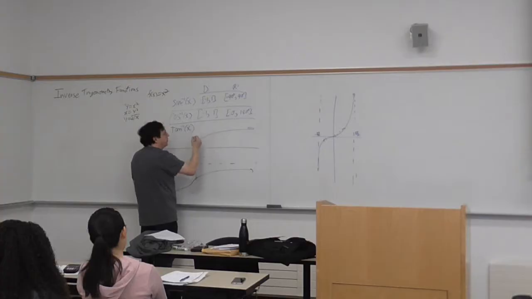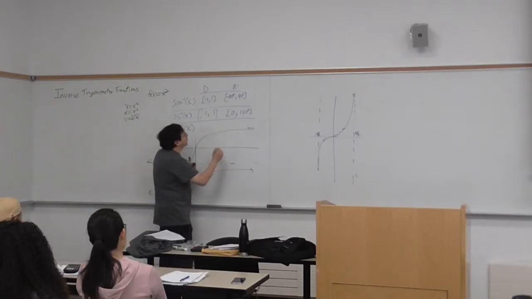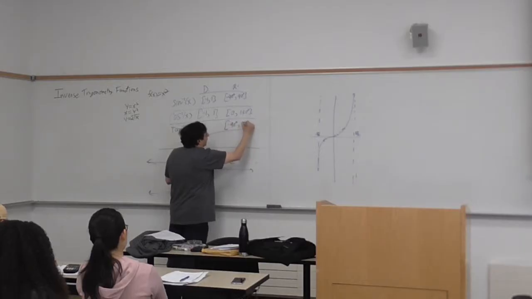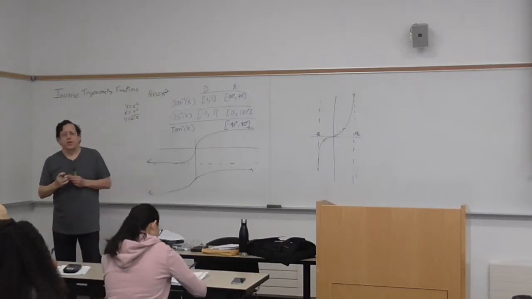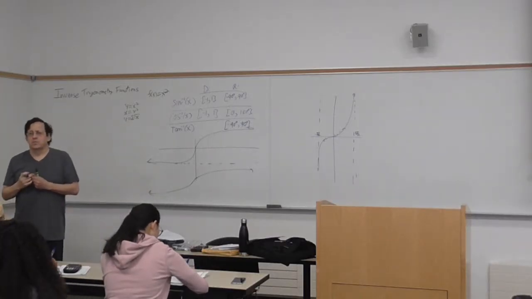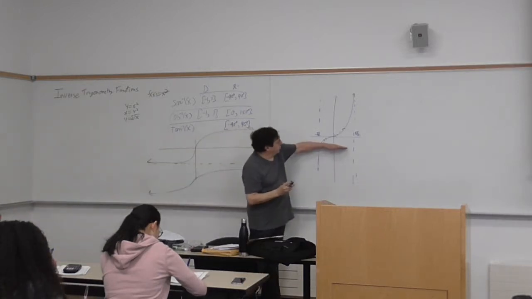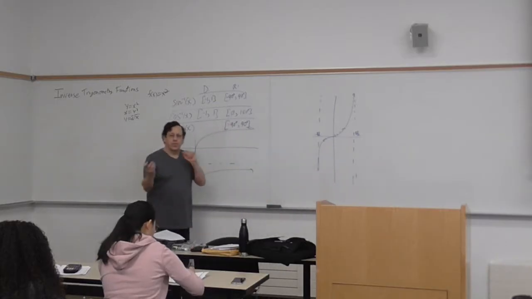Its domain is what? Well, its range we know is just like the sine. It's between 90 degrees and minus 90 degrees. What's the domain on the inverse tangent function? The other way of asking this is, what's the range on this piece of the tangent function?